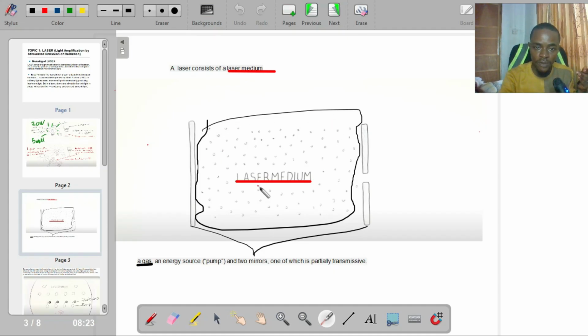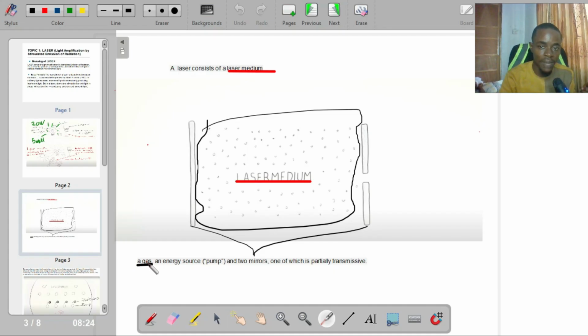Before we talk about the laser medium, you can see all these small dots. They are probably called a gas, more or less like a fuel. Now it needs something to ignite it. Remember, let's go to your cooking. In the kitchen, you went to the gas station to fill your gas and bring it to your home, but without igniting it or making a flame to turn on the gas, you will not have any source of heat.